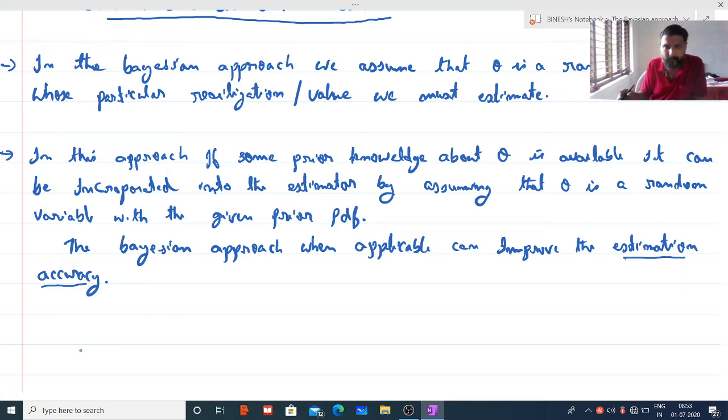Now we can see the comparison between the classical approach and the Bayesian approach.